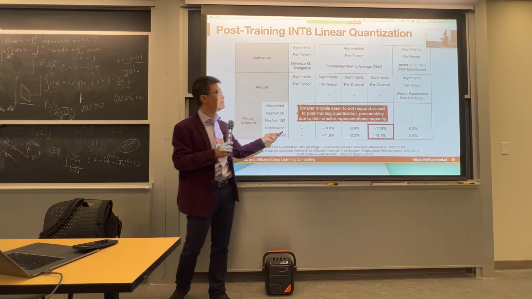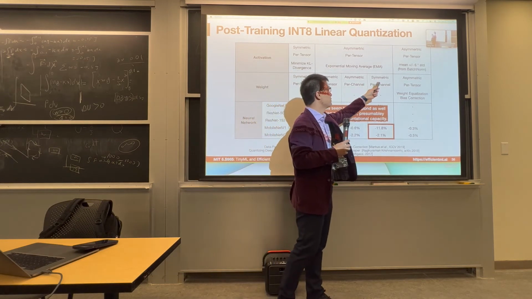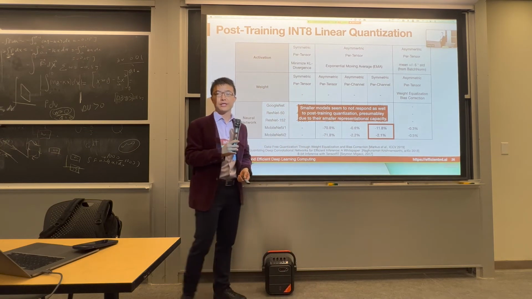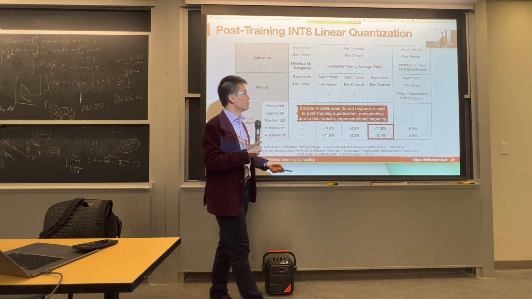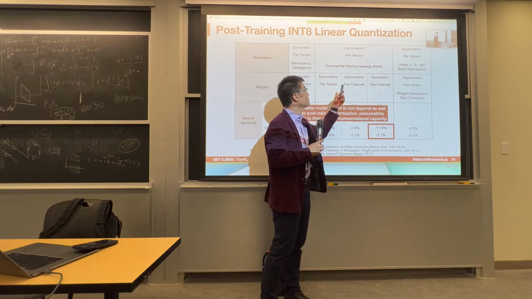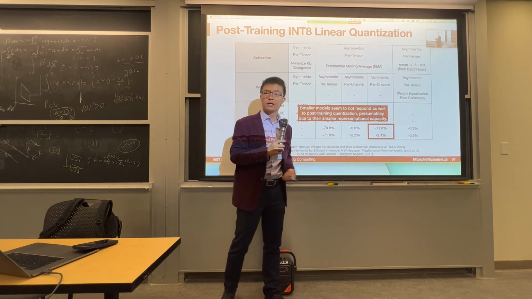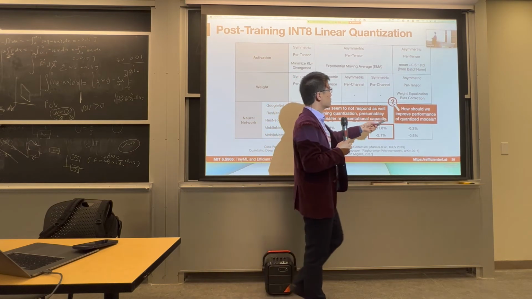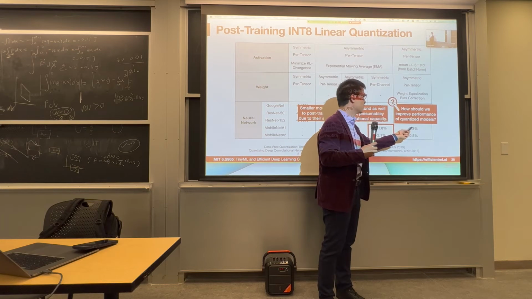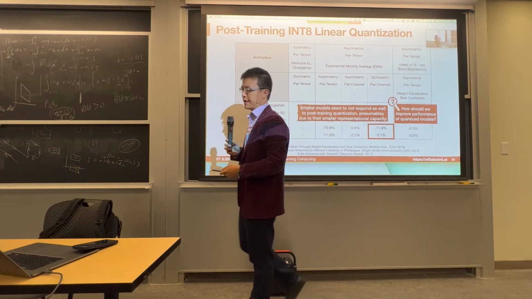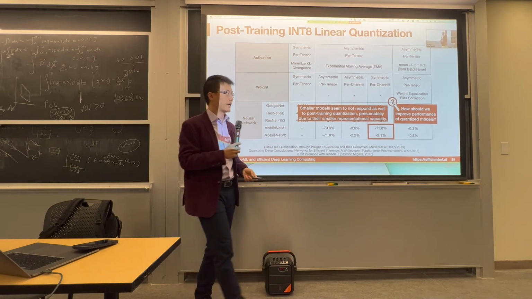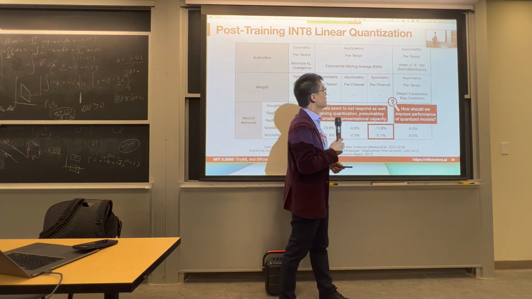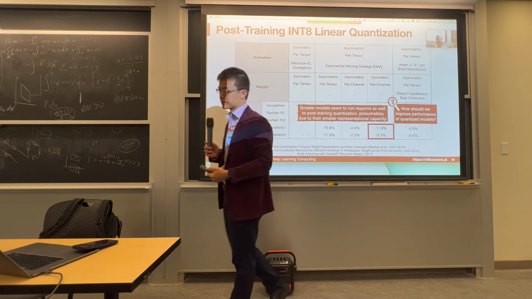For MobileNet, if we use asymmetric per tensor quantization, the loss of accuracy is actually pretty significant. But if we switch to asymmetric per channel quantization, that can get better. And if we use weight equalization, it can further reduce the loss of accuracy, showing that the weight equalization method plus its bias correction is quite helpful.